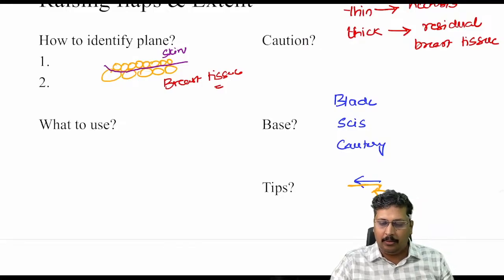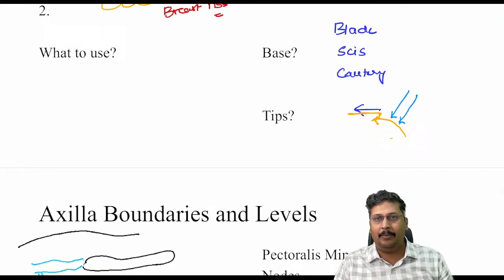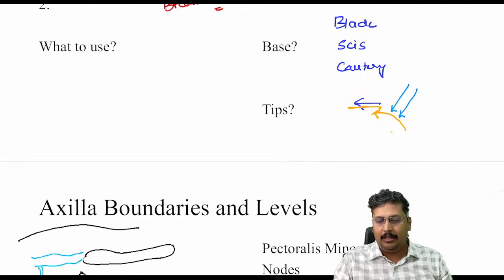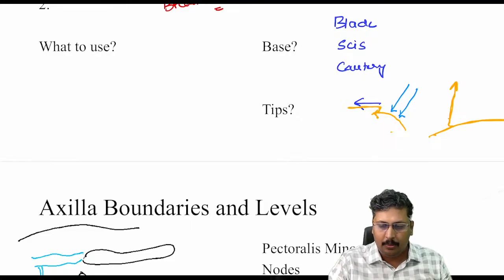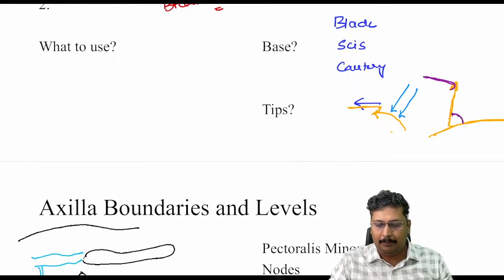When you are doing the flap and your cautery comes in a perpendicular plane to the raised flap, the chances of damage to the skin and buttonholing are high. So one tip here is to ask your assistant to lift this perpendicularly up. Imagine this is the skin surface and this is the hook with which they are lifting the skin flap, and you try to keep this angle perpendicular.